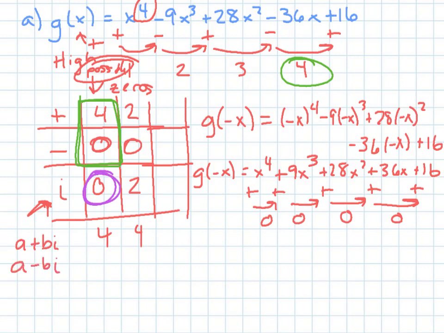So imaginary solutions come in pairs. So that's the reason why this has to go up by 2, and these have to go down by 2, because of that fact. Because you can't have one imaginary solution. It's not possible. You have to have an even number.